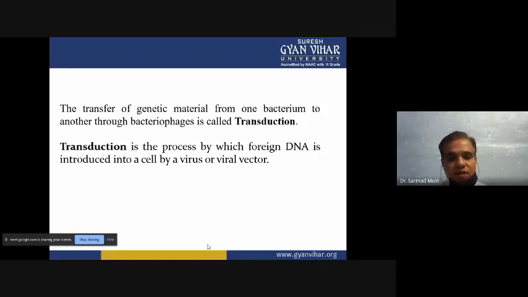Okay, so when they transfer their genetic material, the host can be a bacterium. When the bacteriophage genes reproduce, they are able to produce more and more bacteriophages.